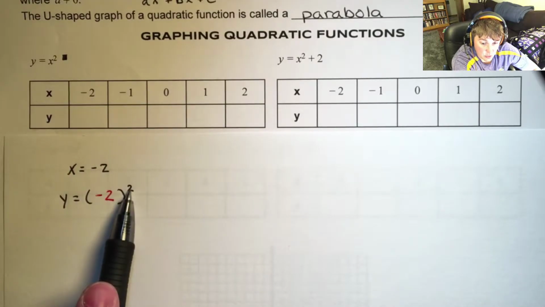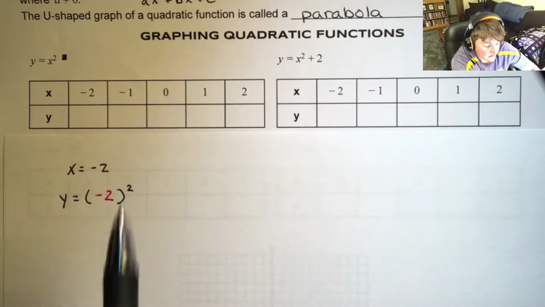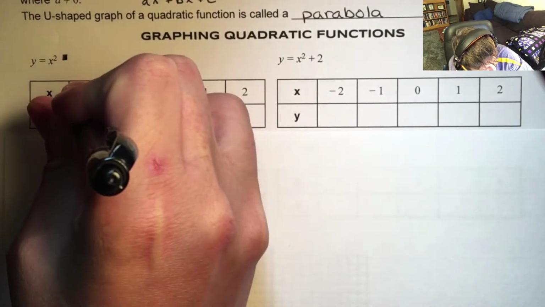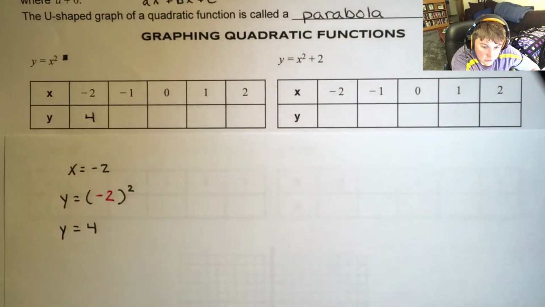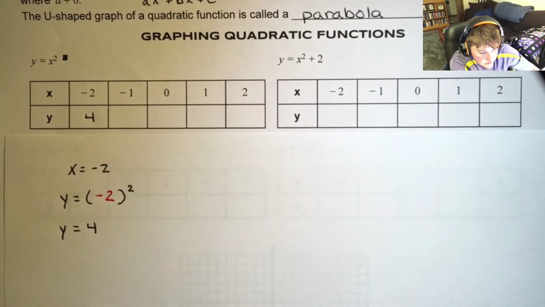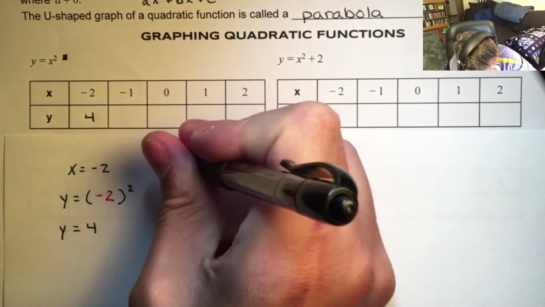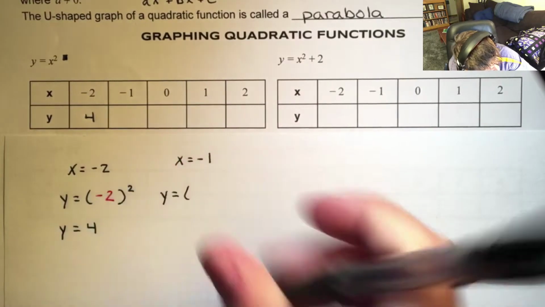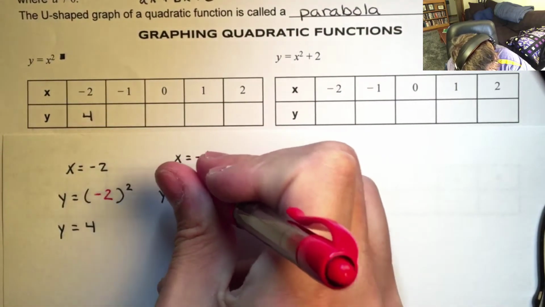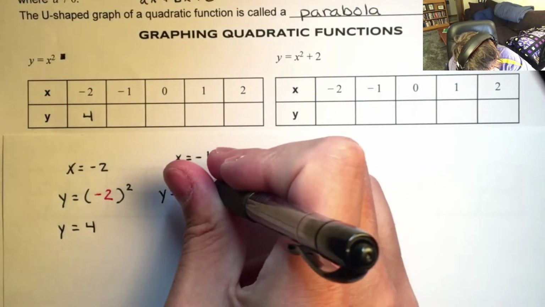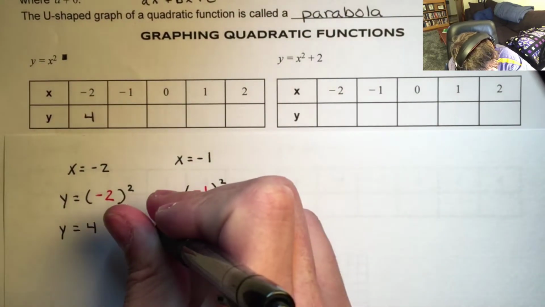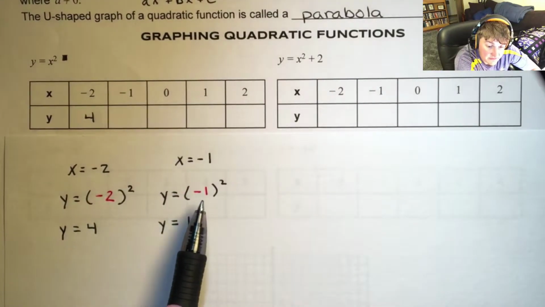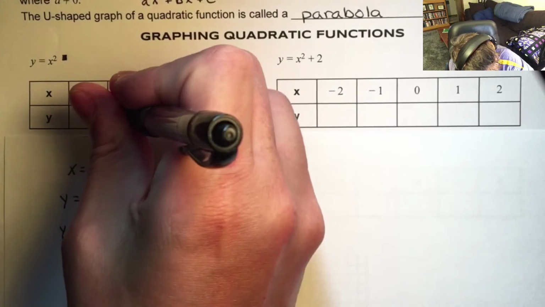That's what it means to square. So negative 2 times negative 2 is a positive 4. So there is my first ordered pair, (-2, 4). Okay, let's do the next one. When x is equal to negative 1, y is equal to (-1)^2, and y is equal to positive 1, because negative 1 times negative 1 is positive 1.